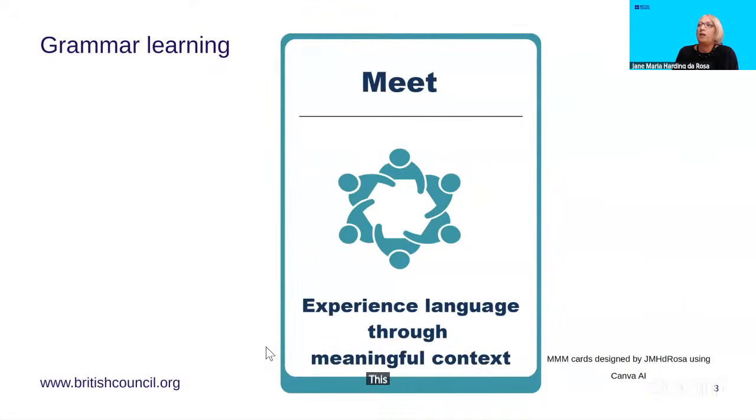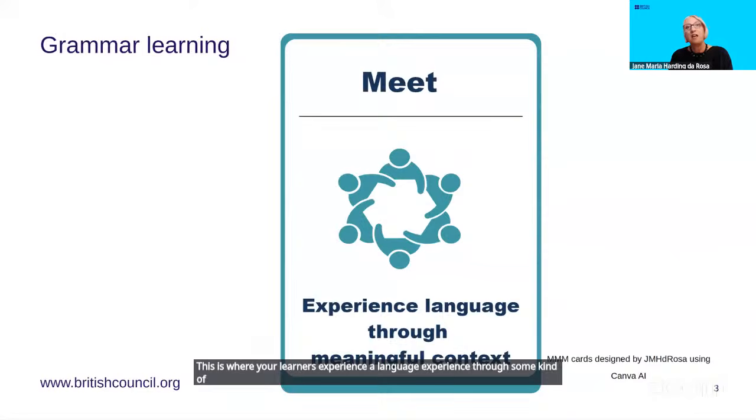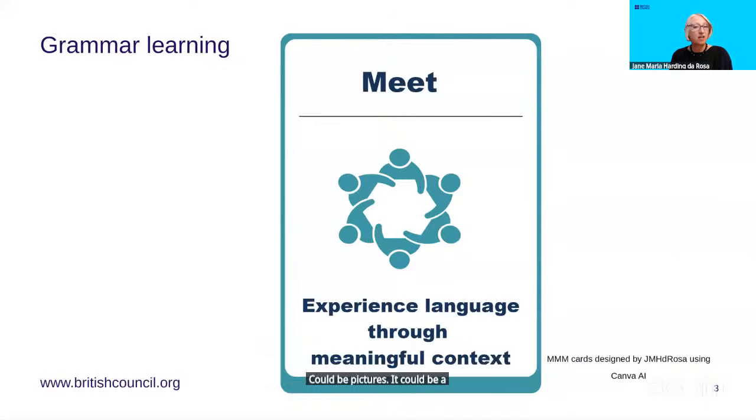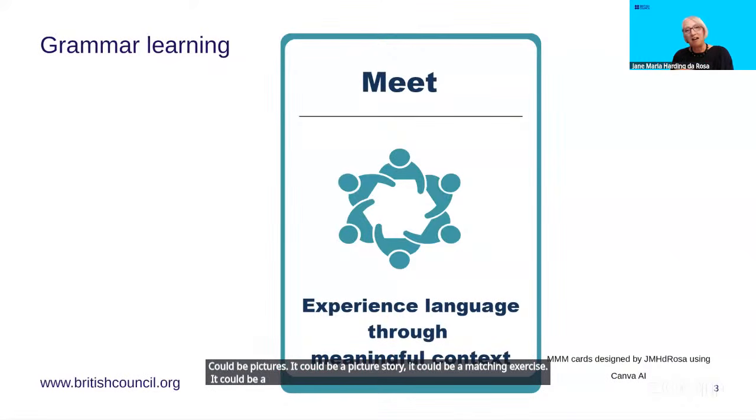So first, meet. This is where your learners experience language through some kind of meaningful context. That could be through activities like listening to a story, reading a story, telling a little anecdote, pictures, a picture story, a matching exercise, a comic strip, a dialogue, an email.